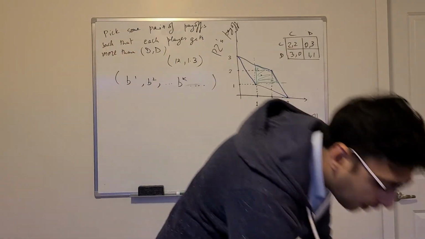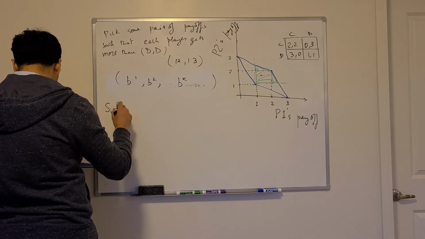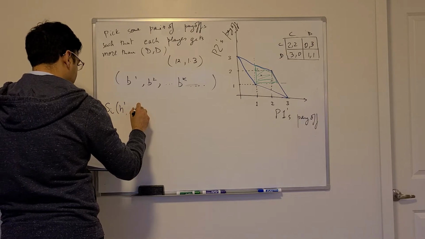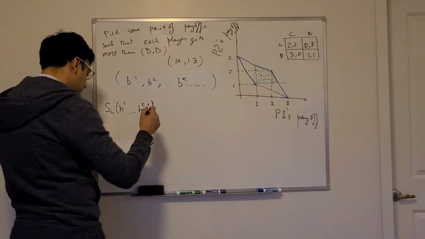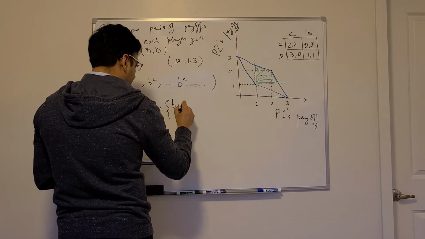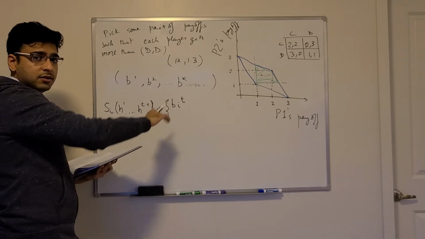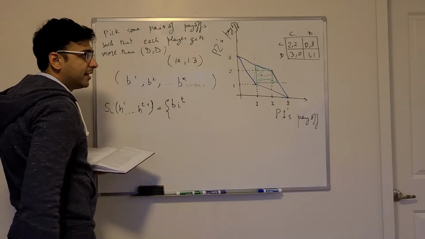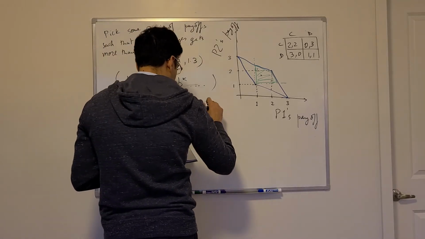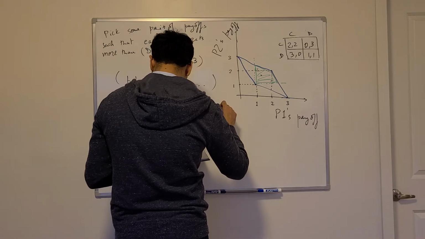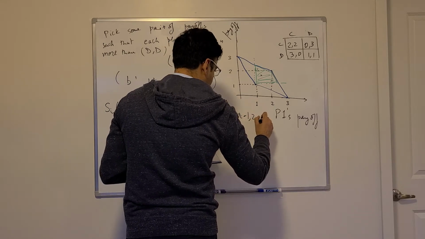A strategy which can help sustain this is a strategy where, for player i, s_i, given some history h1 up to h_{t-1}, which defines what player i should do in time period t, equals b_i^t, where the player i just continues with this specified outcome path, which gives these kinds of payoffs at the end, if h_r equals b_r for all r equals 1 up to t minus 1.